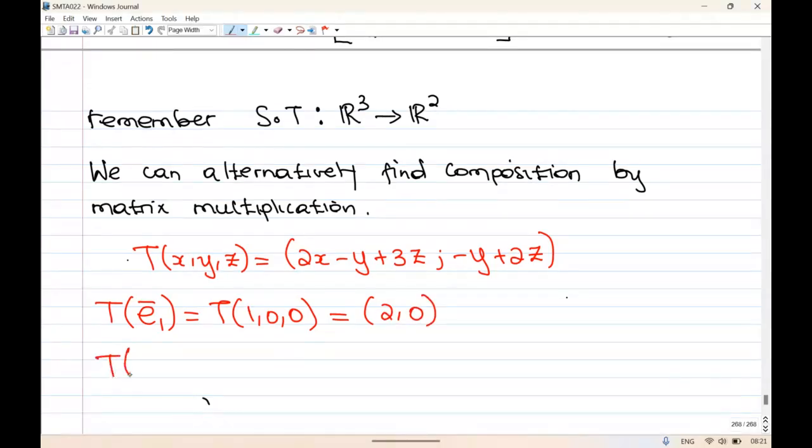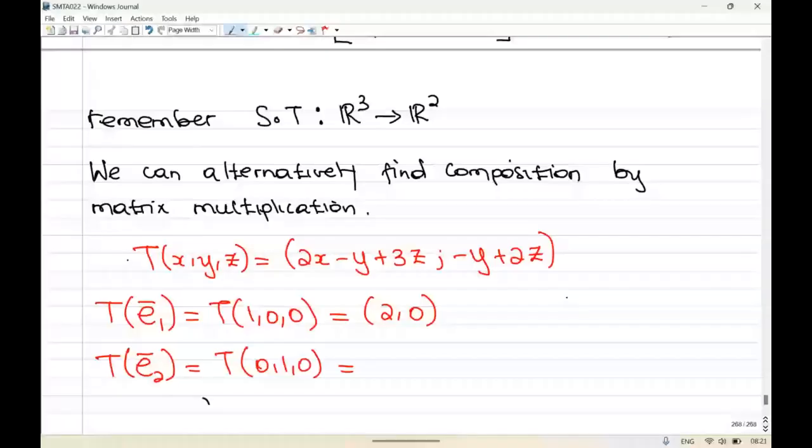And again, you have the transformation of this E2, which is the same as the transformation of 0, 1, 0. What is the answer there, colleagues? Minus 1 and 1. Which one is correct, sir? Minus 1 and minus 1.